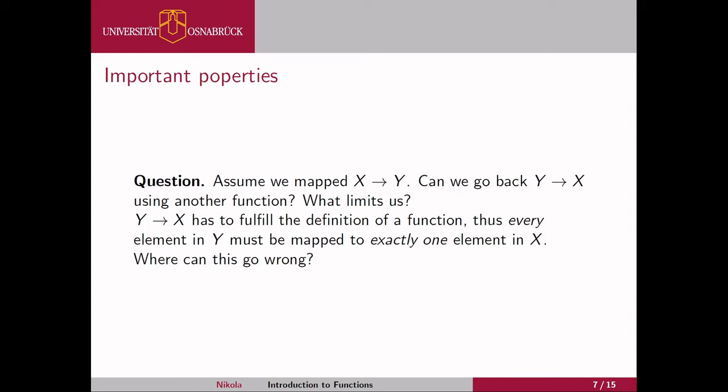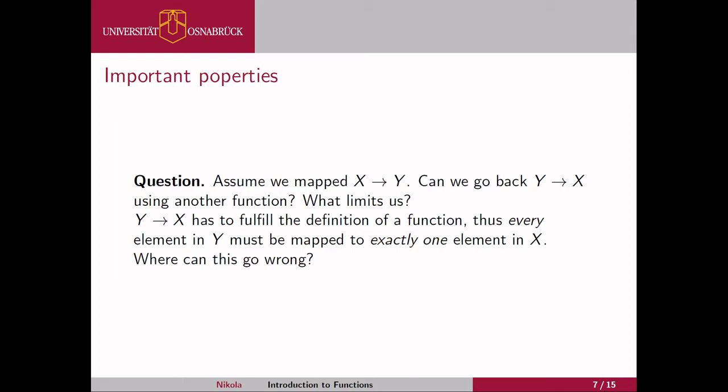Okay, so now let's get to the real important stuff. The question I'm about to ask is very much a core question within the study of calculus, within studying and understanding functions. So assume we have a function and we're mapping each element of the set x to elements of the set y.